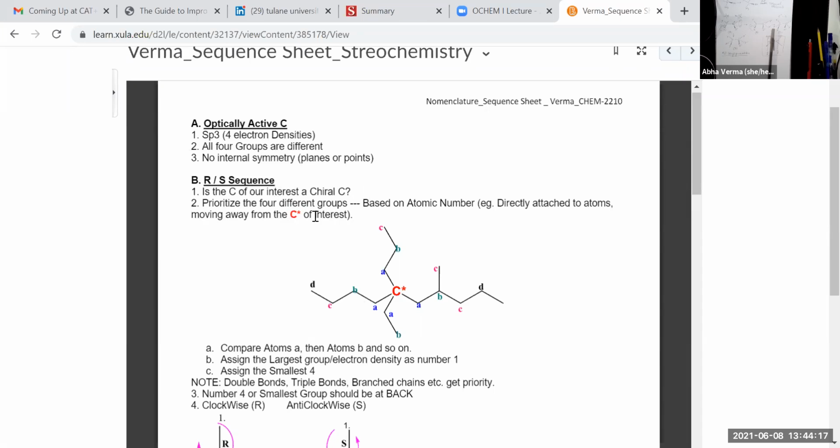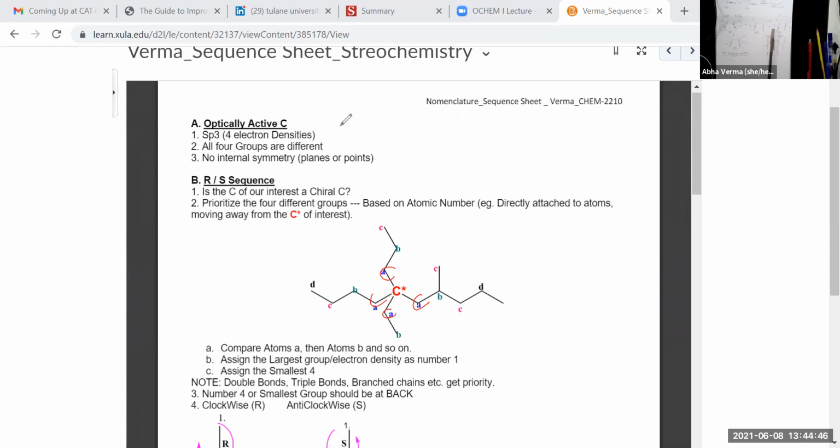The next thing is that you prioritize your 4 different groups, and this will be based on the atomic number of the atom which is directly attached to your chiral carbon. Remember, priority has nothing to do with the bulk, only the atomic number.